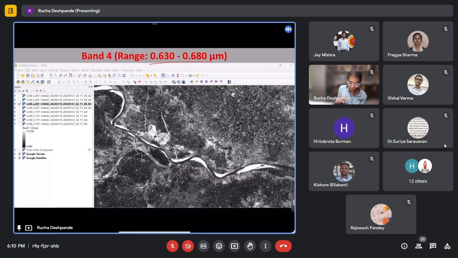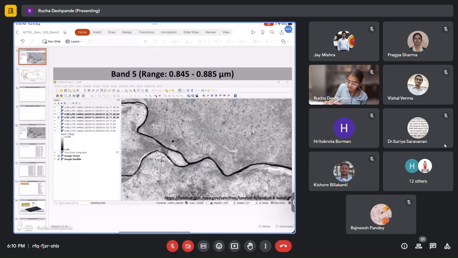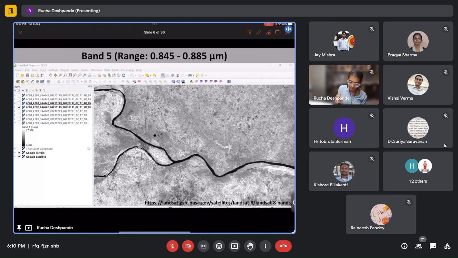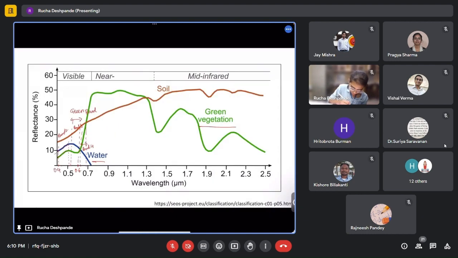Now let's look at band 5, which is the near infrared band, and it falls within the range 0.845 to 0.885.